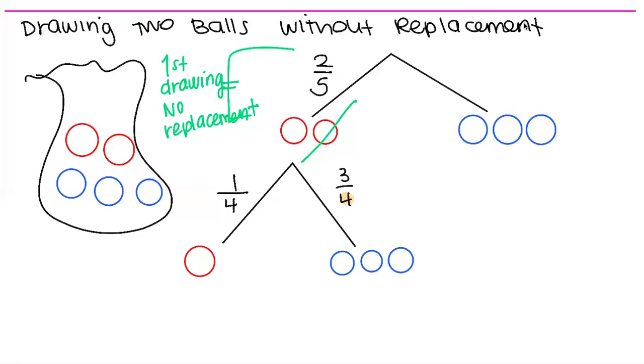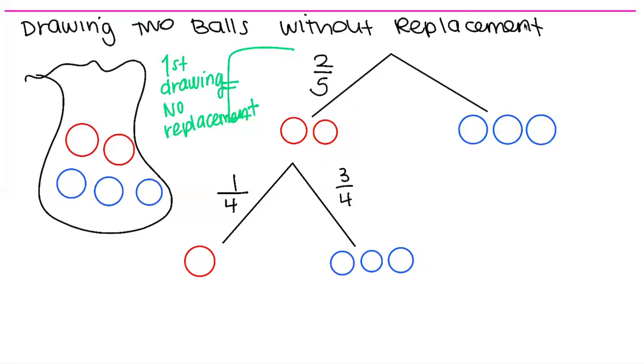Let's highlight that. This 4 comes from the one red option and the 3 blue options, because I've reduced my number of elements that I can choose from. Like again, before that 5 comes from the 2 reds that I started with and the 3 blues. Some subtleties going on here. So if you have questions, please reach out.